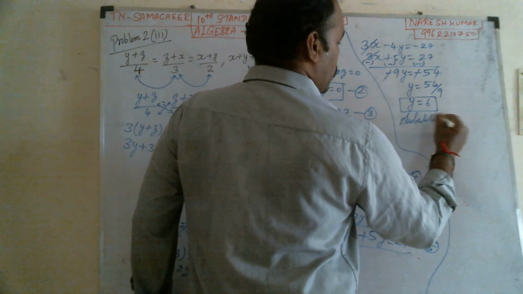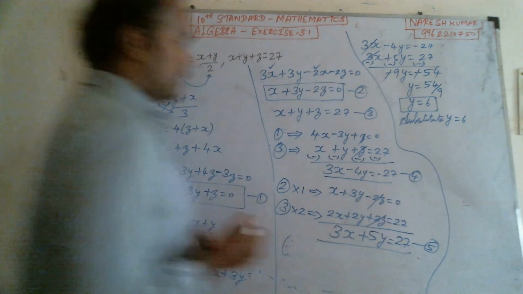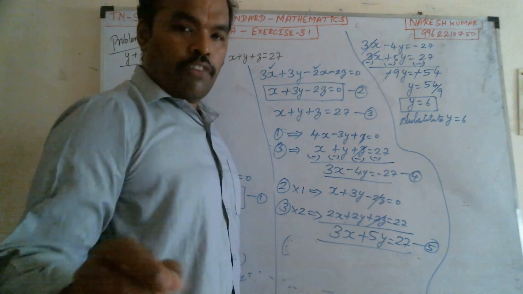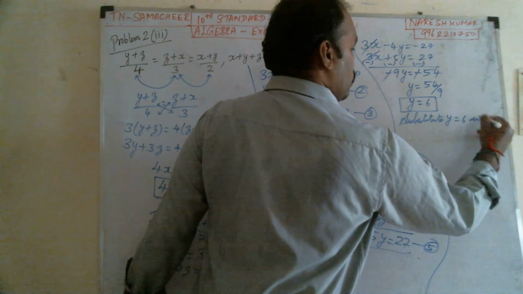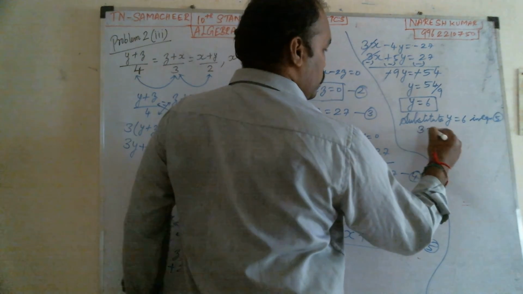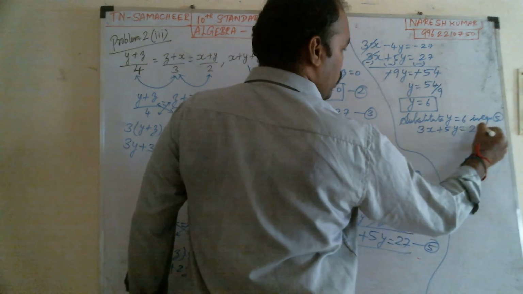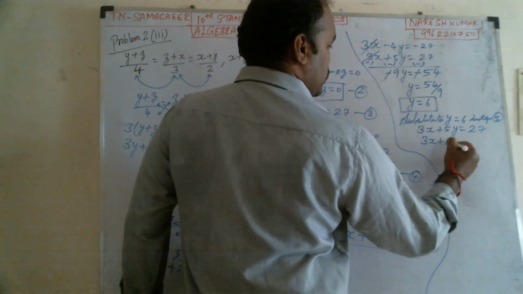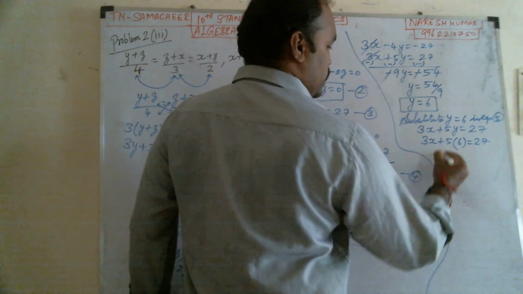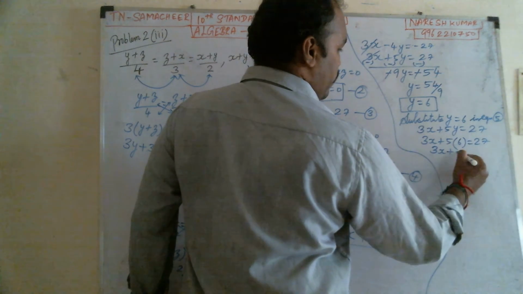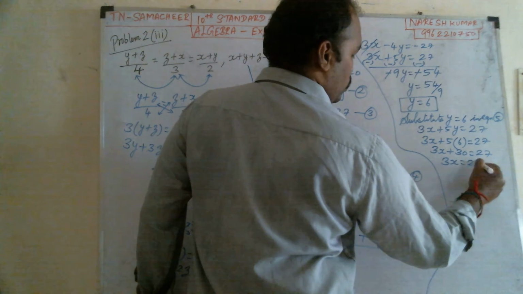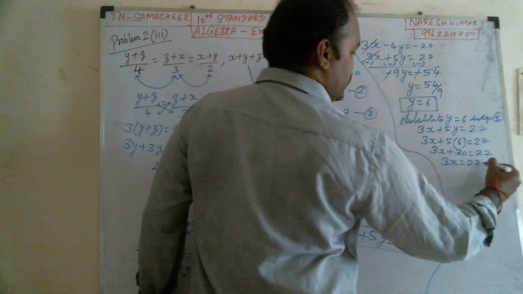So x: substitute y equal to 6. In which equation can we use it? Fifth equation. In the fifth equation we need to substitute the value. So 3x plus 5y equal to 27. 3x plus 5 into 6, 30. 3x equal to 27 minus 30 when it comes to the right side.